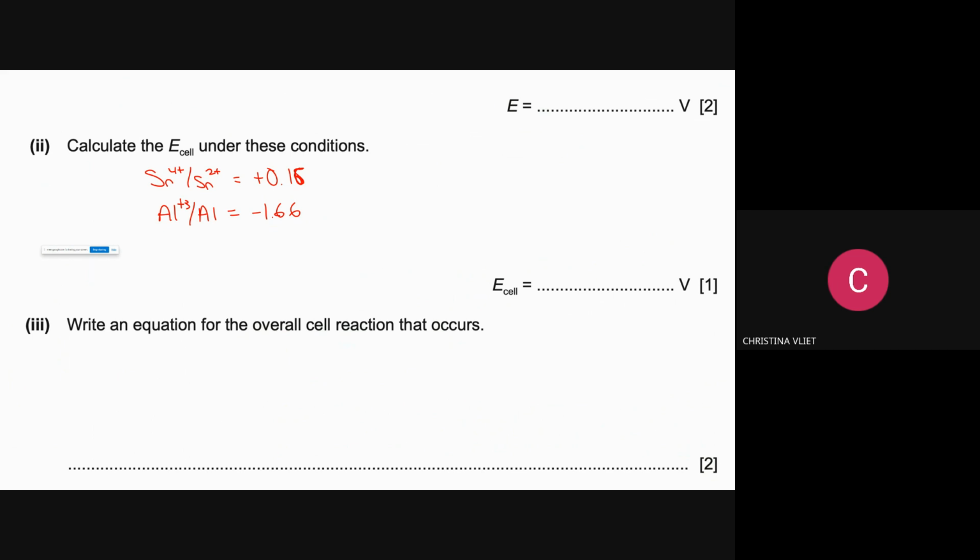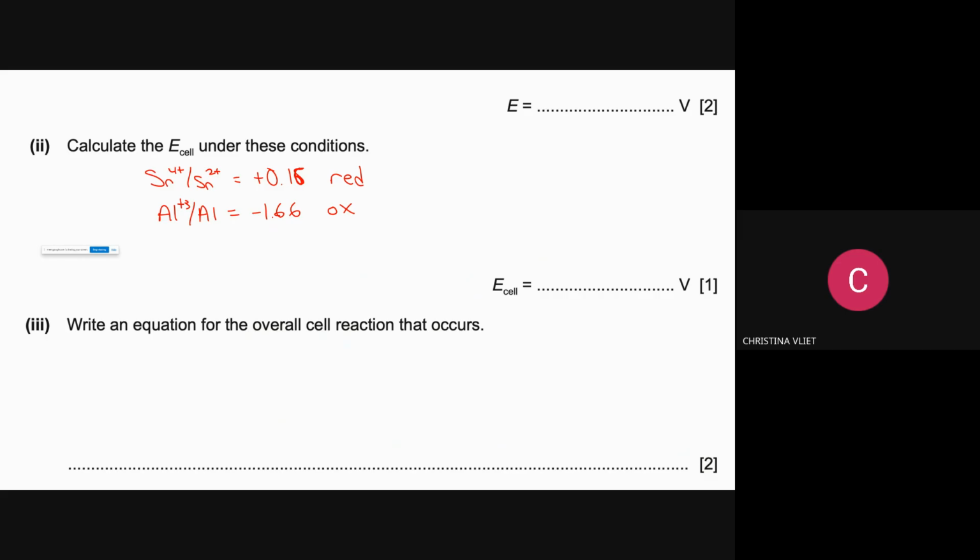Now, how do we calculate the E cell? We've got 2 half cells. How do we know it's oxidized? How do we know it's reduced? We have to analyze the numbers. The more positive one is the reduction here for your E values, and the more negative one is your oxidation. Yes?